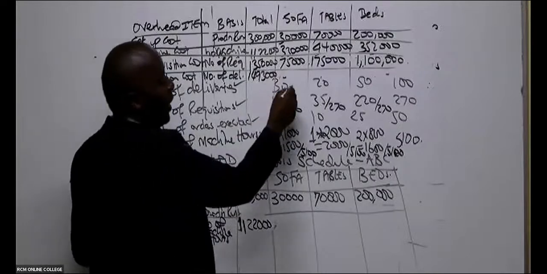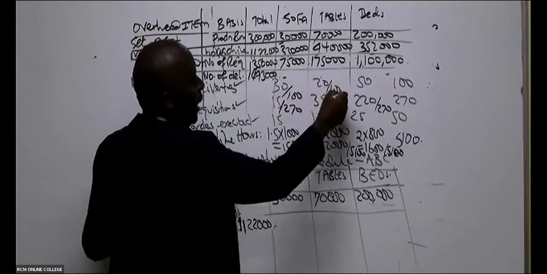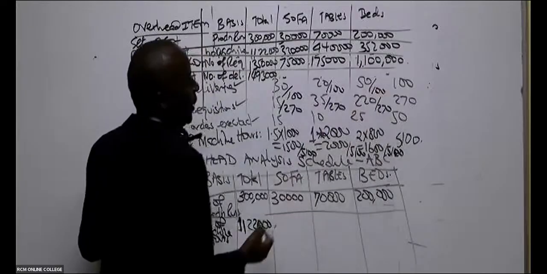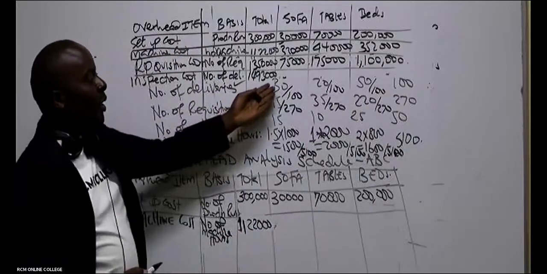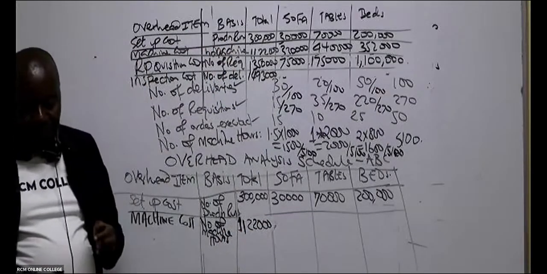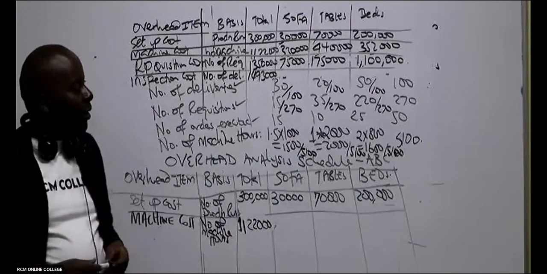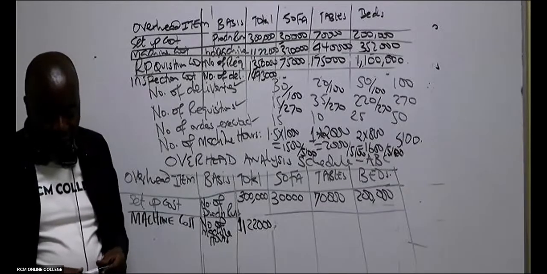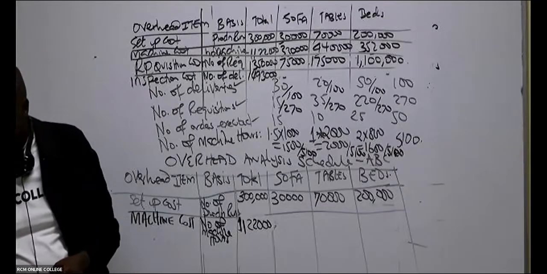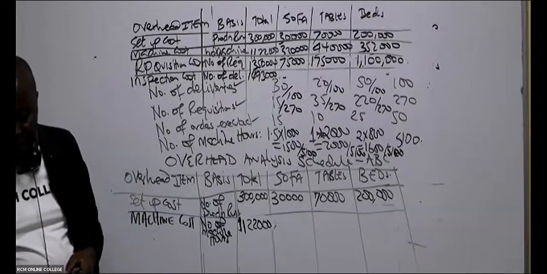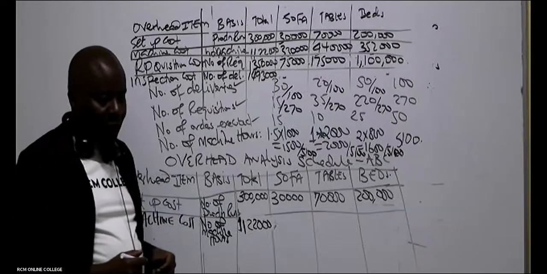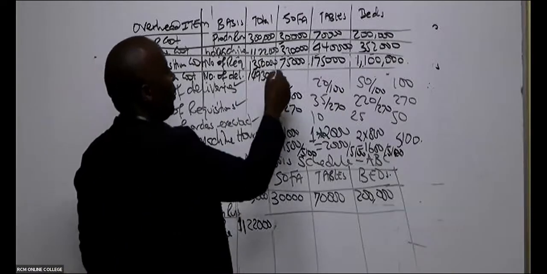Yeah, this will be 30 over 100, 20 over 100, 50 over 100, isn't it? So please apportion using these proportions. Felicitas gives 447,900.